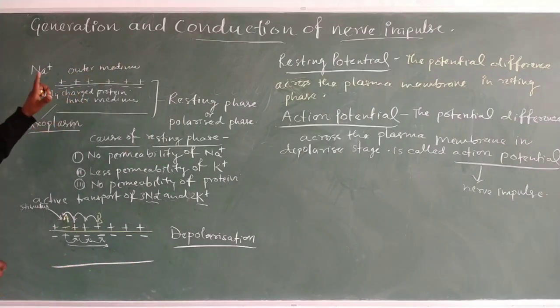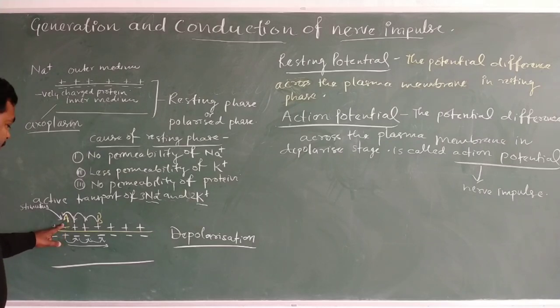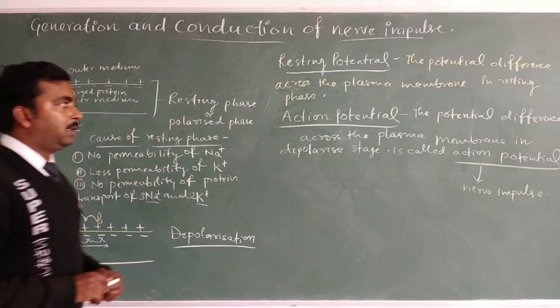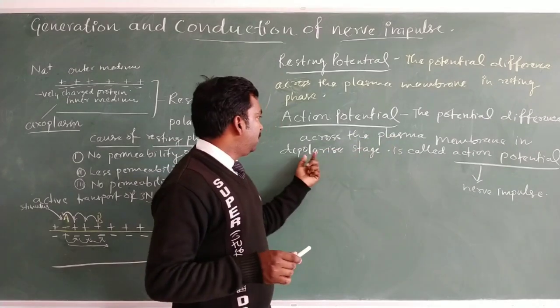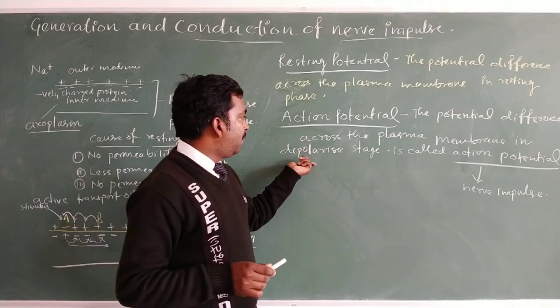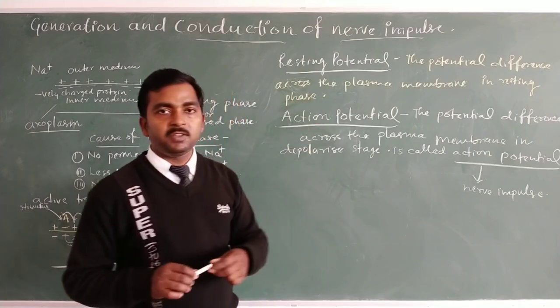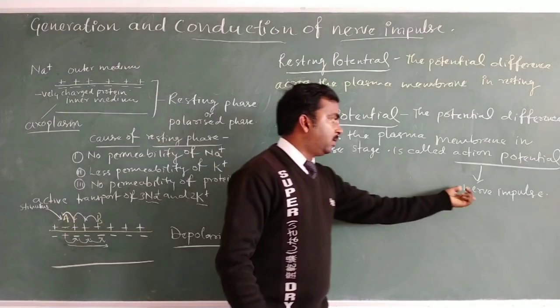Nerve impulses are generated due to the opening of the sodium ion channel. By receiving the stimulus, the sodium ion enters into the cytoplasm, and due to that, the outer surface of the plasma membrane carries a negative charge, while the inner surface carries a positive charge. At that stage, the potential difference generated across the plasma membrane is known as action potential, and action potential is the form of nerve impulses.